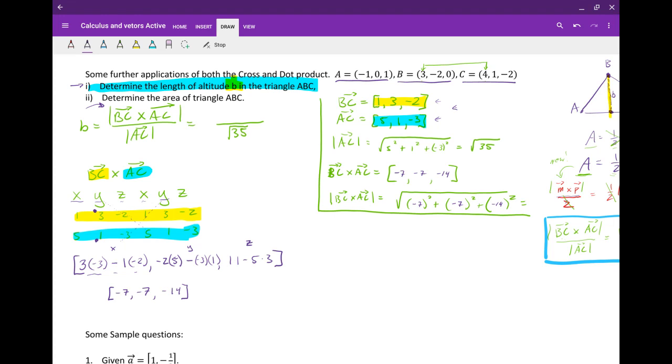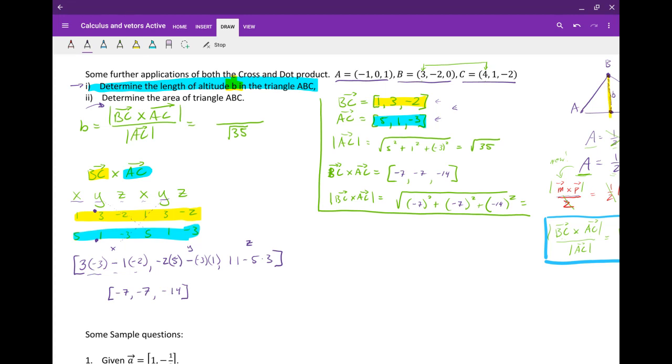That's 196 plus 98, giving me 294, the root of 294.